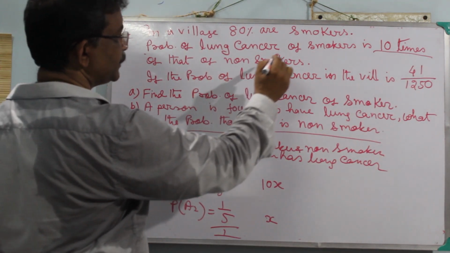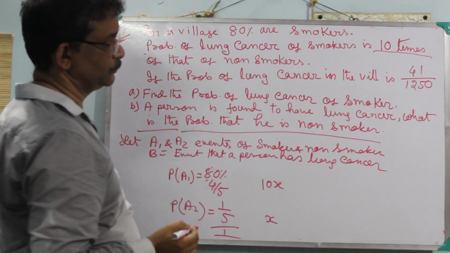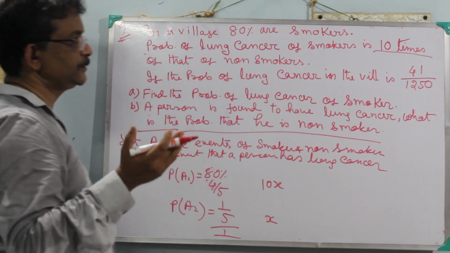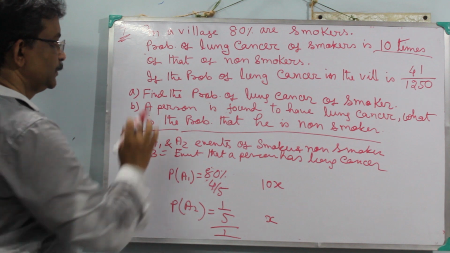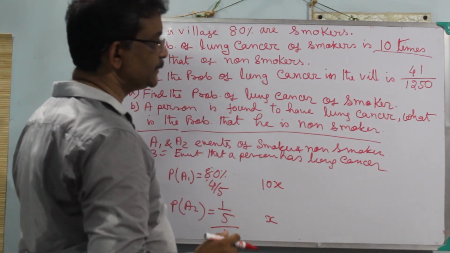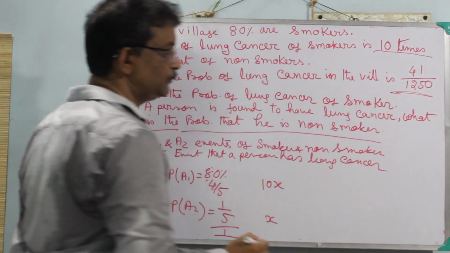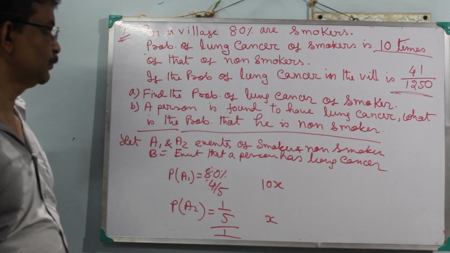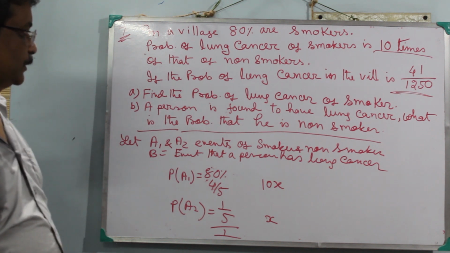Probability of lung cancer among smokers is 10 times that of non-smokers. So the probability of a smoker having lung cancer is 10 times that of a non-smoker. If the probability of lung cancer in the village is 41 by 1250, find the probability of lung cancer of a smoker.